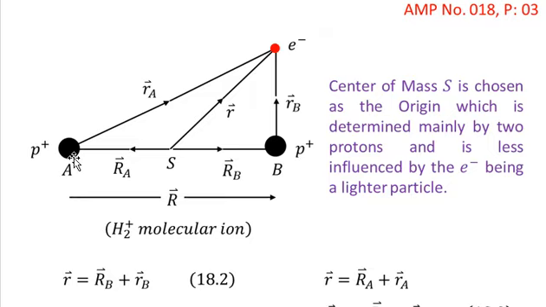That is, the Z axis will have a direction from the nucleus A to the nucleus B. So this may be treated as the Z axis, and this electron will revolve around the Z axis at any different positions.